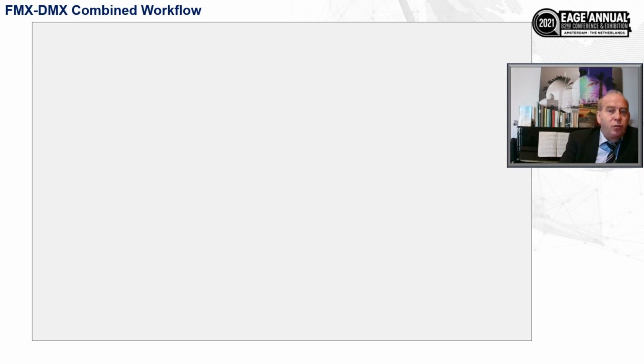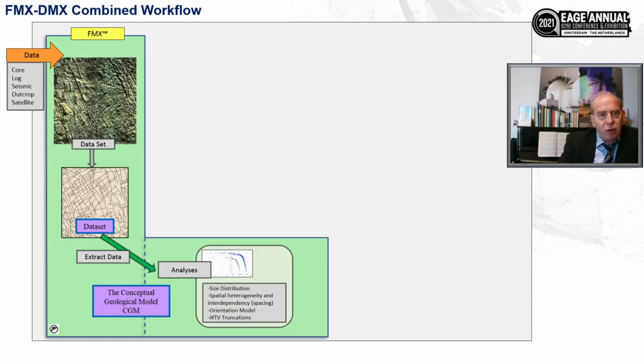So let's take a look at the flow chart of the exercise which has to be performed. First of all, we have the FMX suite of tools, which looks at data like core, log, seismic, outcrop, satellite, remote sensing, any type of data set, extracts information from this data set, performs a series of analyses to take a look at length, height, size, shape, truncation distributions of the network and generates a conceptual geological model which describes all these parameters.